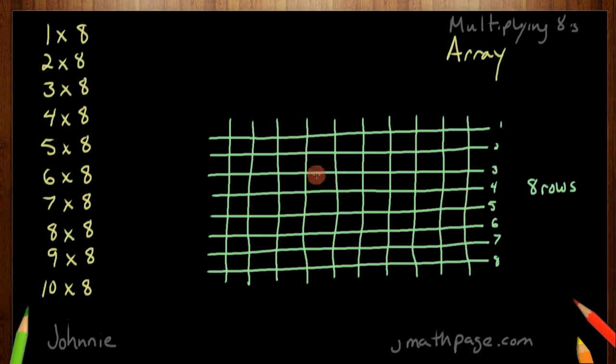Let's count them to be sure. We have 1, 2, 3, 4, 5, 6, 7, 8, 9, 10. We have 10 columns. Okay. Now an array is always built of columns and rows.